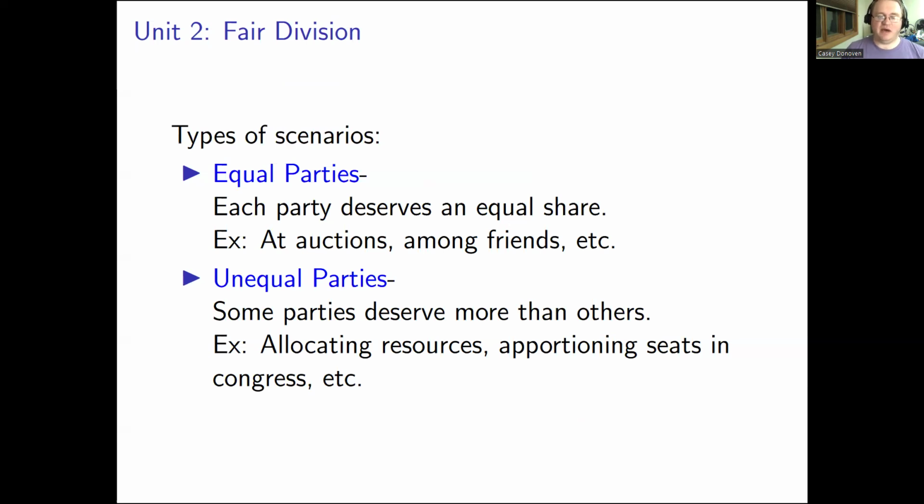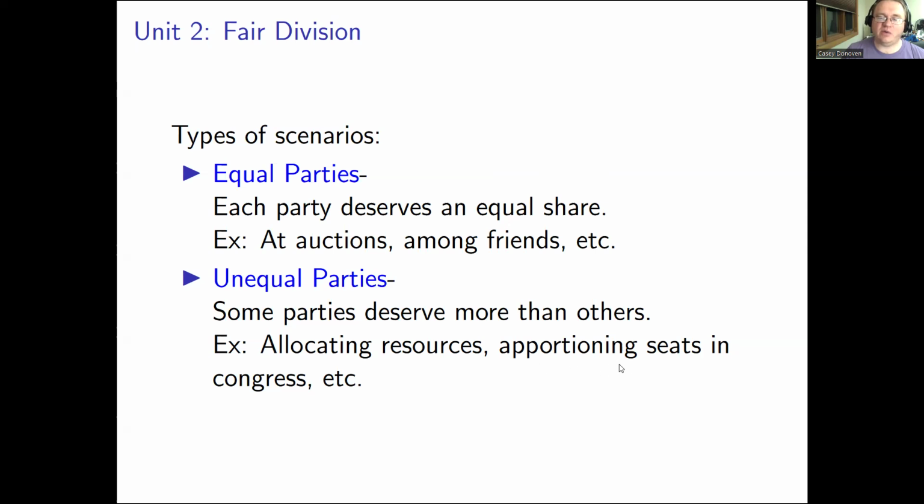So we have to keep in mind what is the need for various things. And so when I talk about people deserving more or less, this is one example. Say when you're allocating resources based on need, some parties' needs will be greater than others.